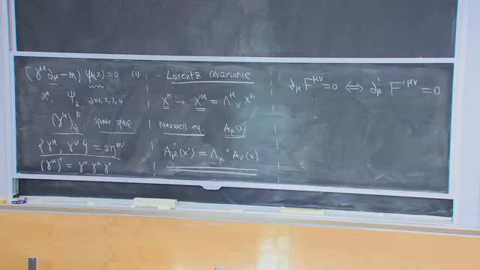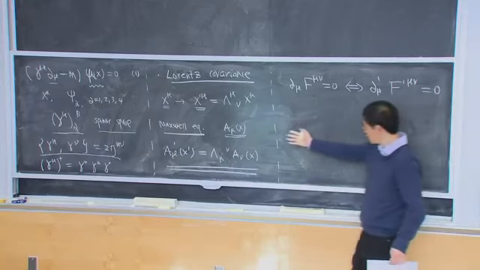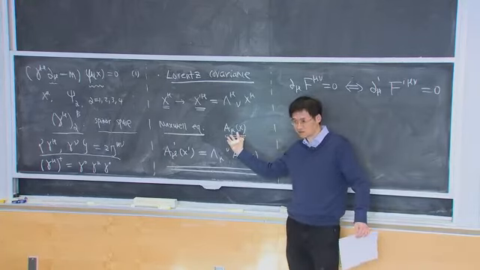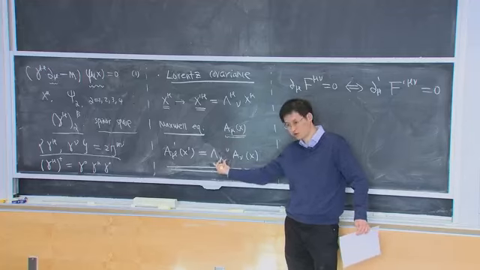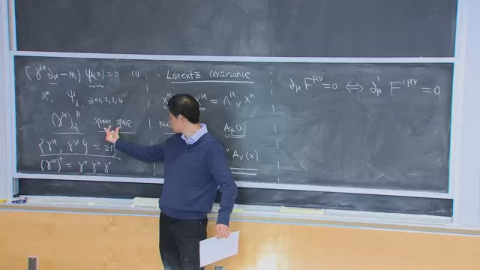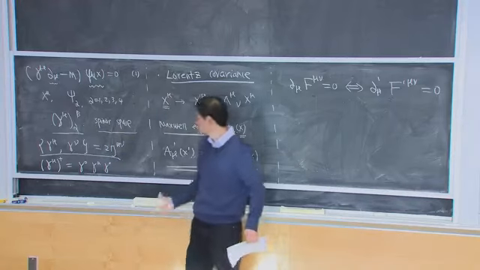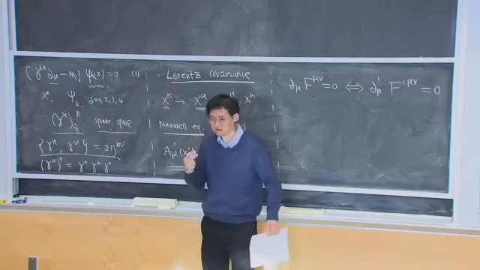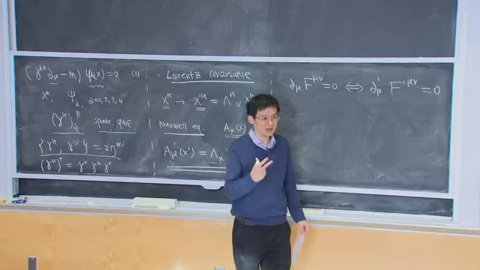But now ψ is a completely new object. It's not like in the Maxwell case, where we know A^μ is a spacetime vector, so you can easily guess how it should transform. This spinor space is completely new, so we have to figure out how ψ transforms.